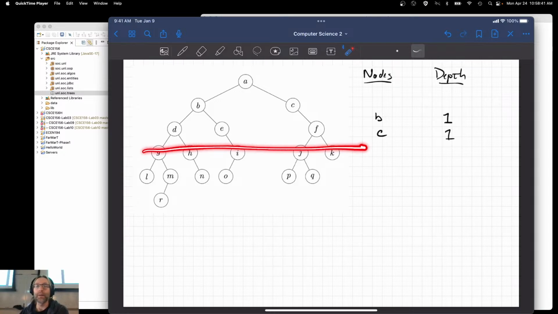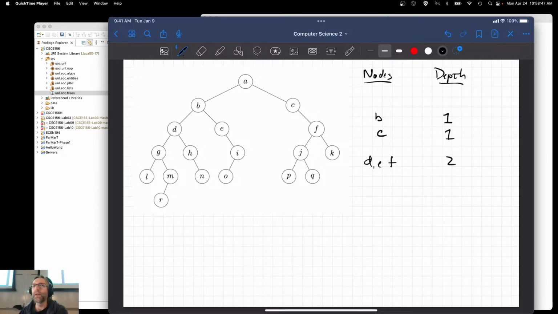So D, E, and F, they're all going to be of depth 2. What's the next level? G, H, I, J, and K. They're going to be at depth 3. Then L, M, N, O, P, Q are going to be at depth 4. And down here by itself is going to be R at depth 5.